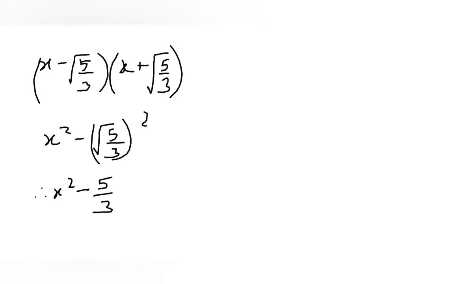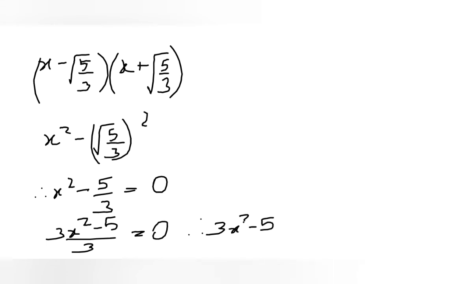Since it is in fractional form, we equate this to 0. We make the denominator equal, so we get 3x square minus 5 upon 3 equals 0, and therefore 3x square minus 5 equals 0.